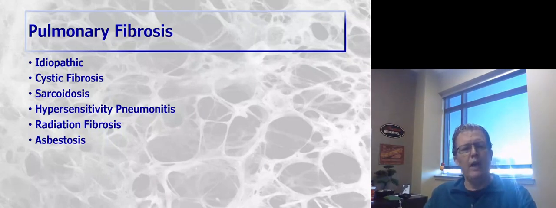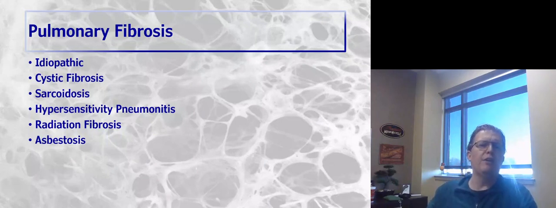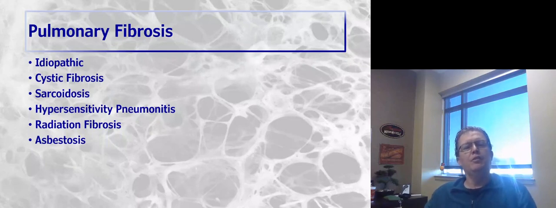And we can say they don't have cystic fibrosis, they don't have sarcoidosis, they haven't had any kind of pneumonitis or radiation exposure or asbestosis. So that's what we mean by idiopathic. It's shown up. It's one of the only things we can see, but we can't explain why this has formed. We have no typical causes.